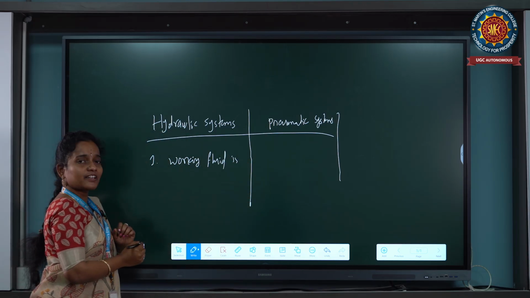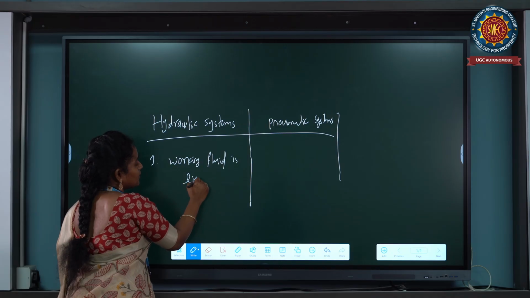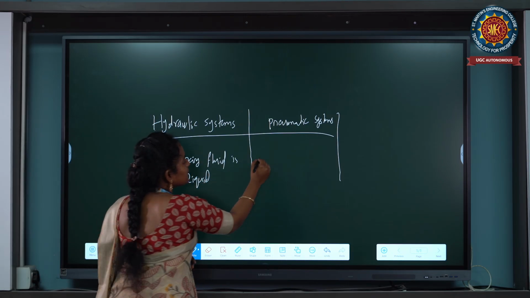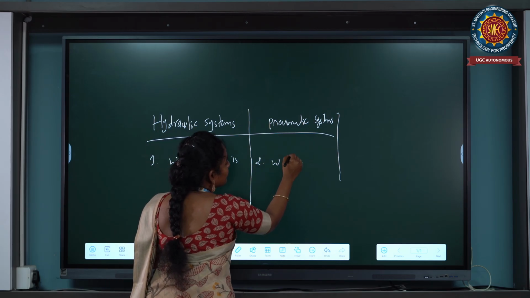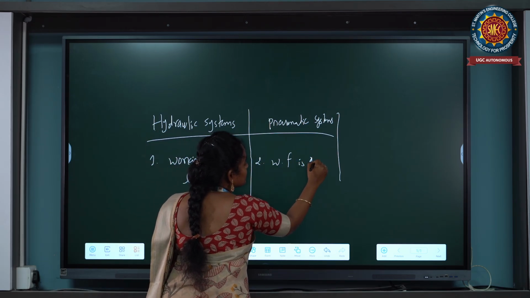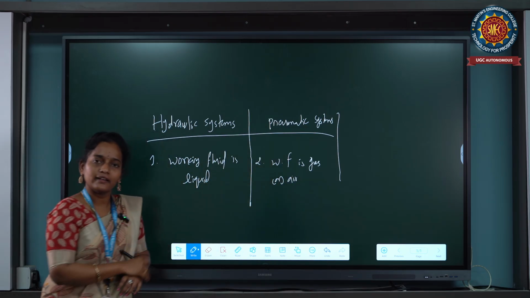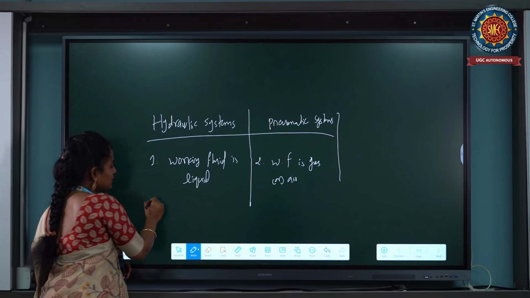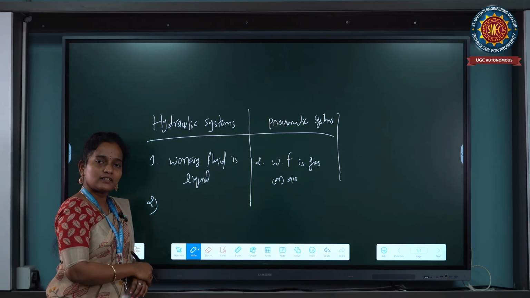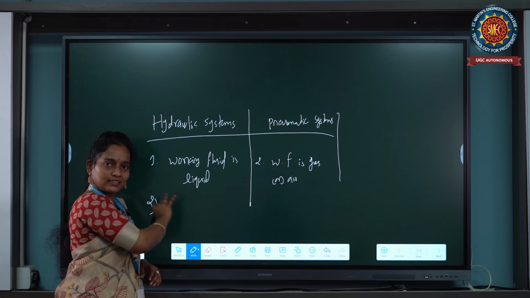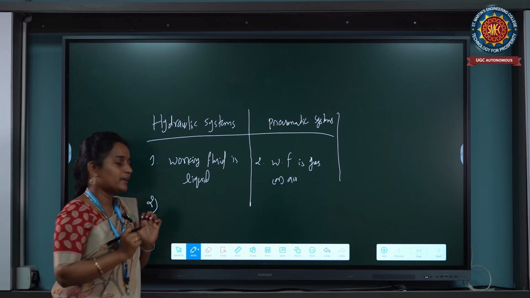In a hydraulic system, the working fluid is liquid. What about the pneumatic system? The working fluid is gas or air. What about the second difference? Actuator type. Remember, this is the difference between hydraulic system and pneumatic system.